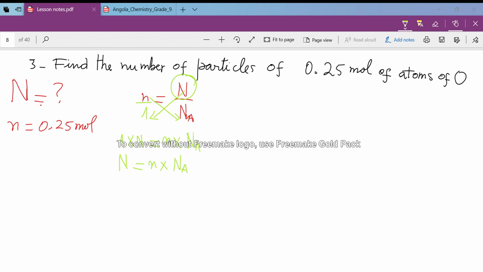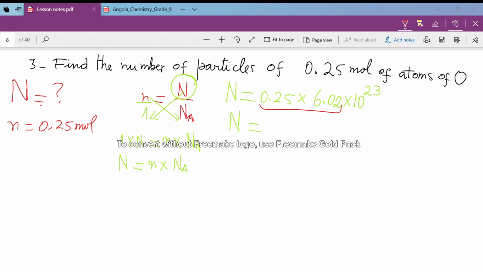Now, the number of particles here will be the number of moles, 0.25, times Avogadro's number, which is always 6.02 times 10 to the power 23. In this case, to facilitate your calculations, instead of putting all the numbers, just multiply these two numbers, and the result times 10 to the power of 23.